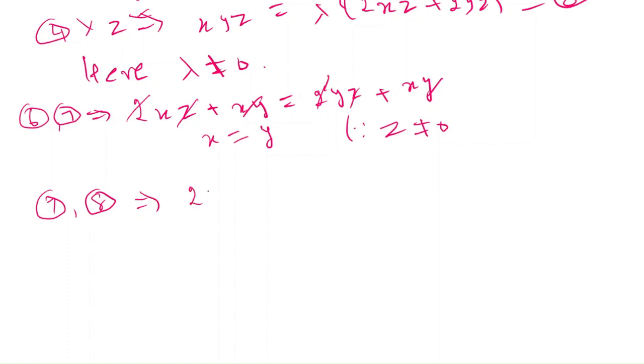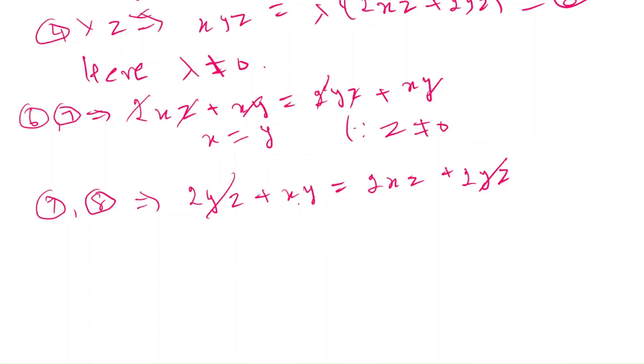So I can write like this, after cancelling lambda: 2yz plus xy is equal to 2xz plus 2yz. This 2yz and 2yz can be cancelled on both sides.